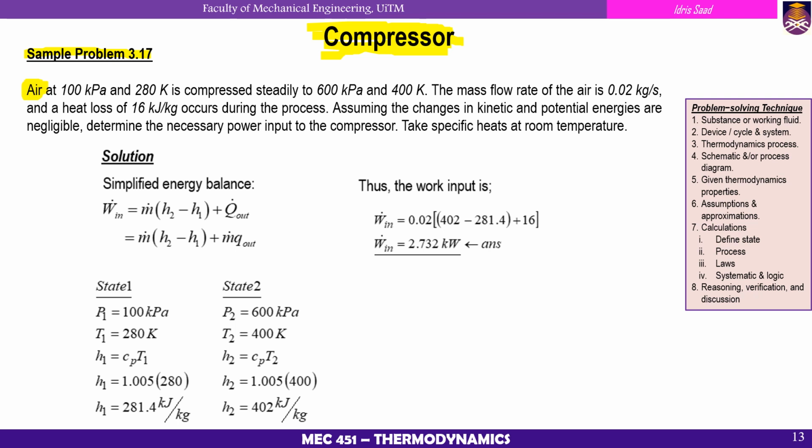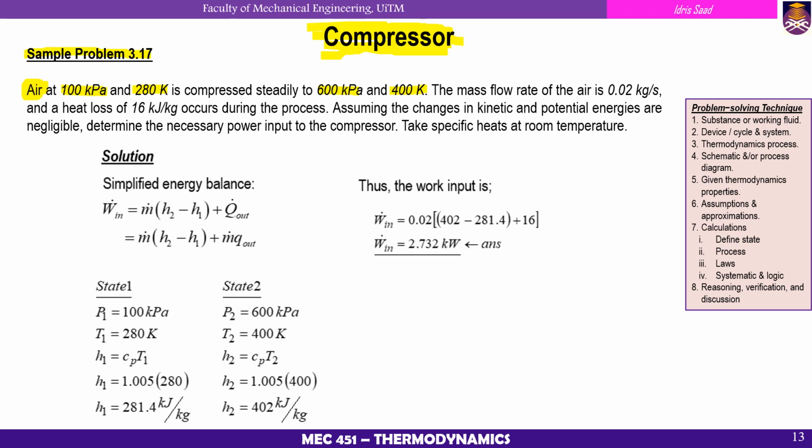It says that air at 100 kilopascal and 280 Kelvin, this is pressure at state number 1 and temperature at state number 1, is compressed steadily to 600 kilopascal and 400 Kelvin. This is pressure 2 and temperature 2.